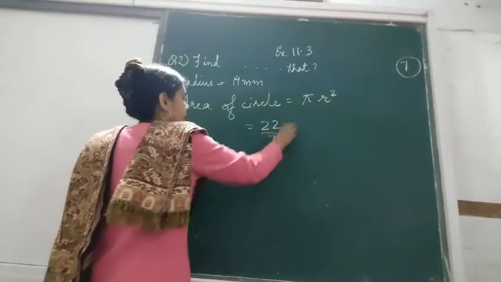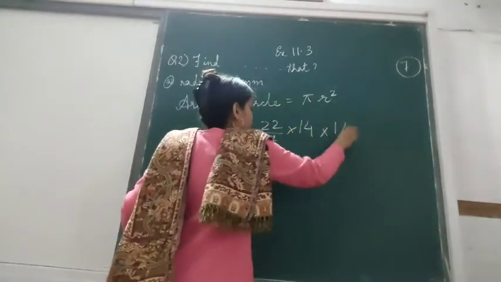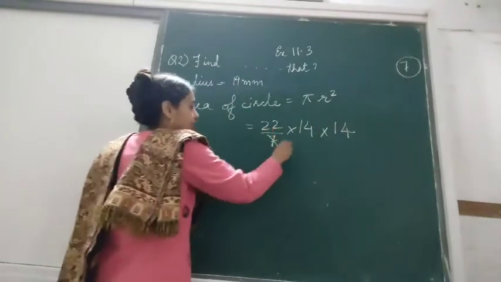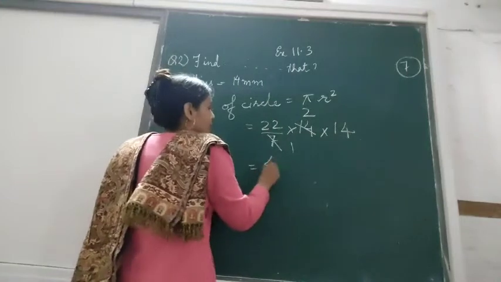Now here, what is pi? 22 by 7. What is r? 14 mm. That is 14 into 14. 7 and 14 will get cancelled. 7 2s are 14. Now 22 into 2 gives us 44.